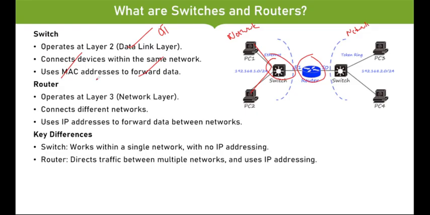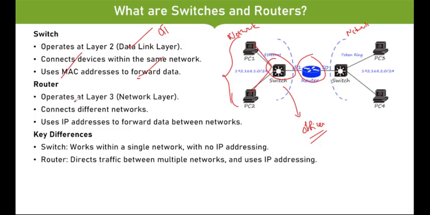Switches use MAC addresses to forward data because they operate within the same network. If you want to connect devices on one network, you use switches, like an office network, where we use switches to connect all the devices. Then the router is used to send data from one network to another, from the office network to something available on the internet. That's why you require a router.